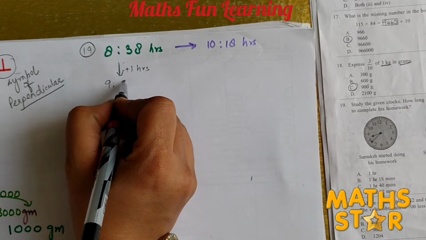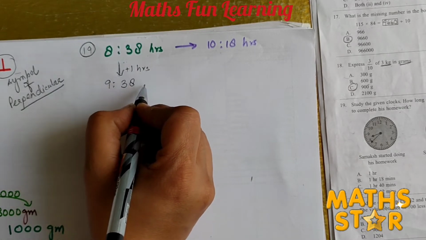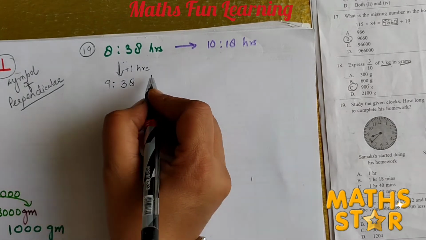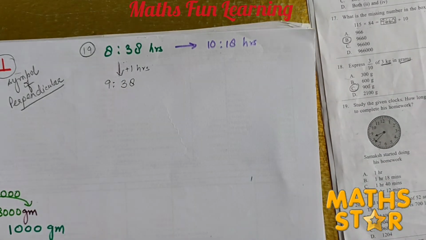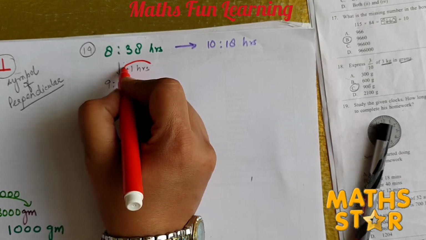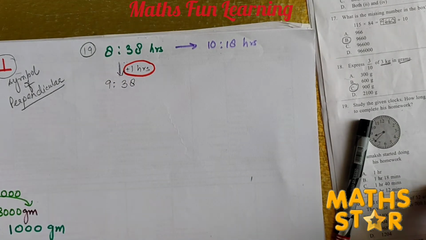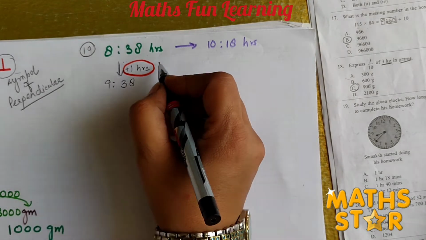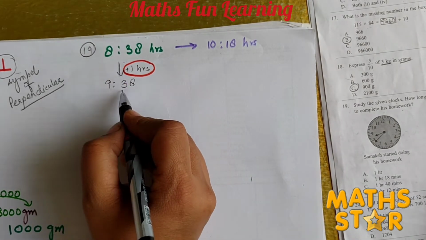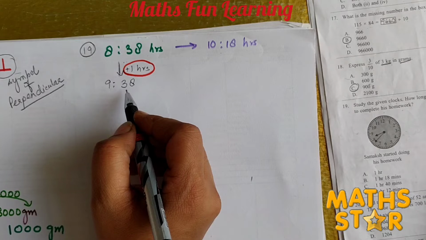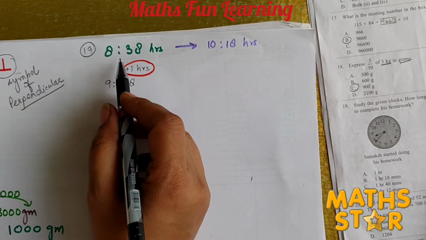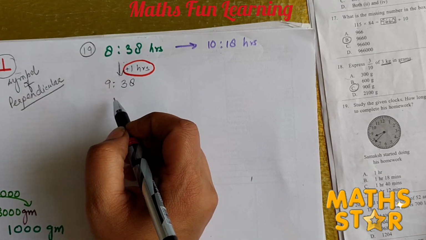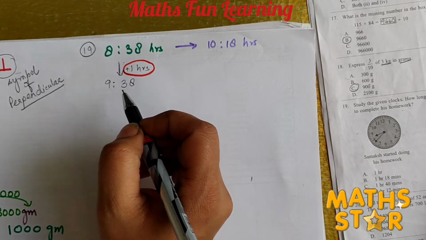It's 9:38, right? You have to add these times and find how much time he took to study. The start time is 8:38, so after 1 hour, you will get 9:38.